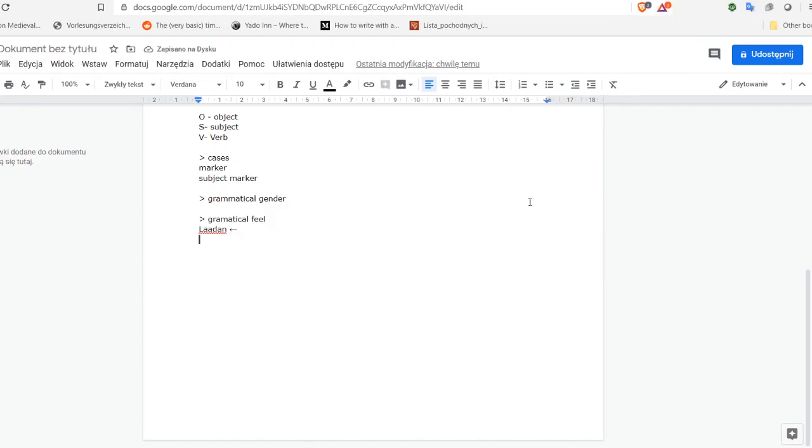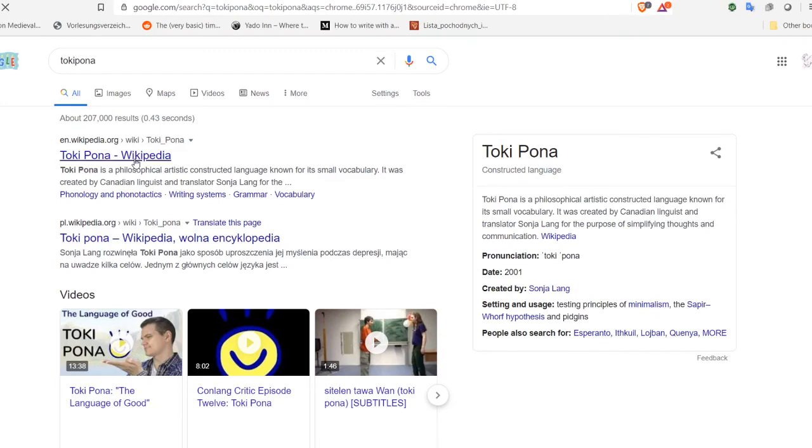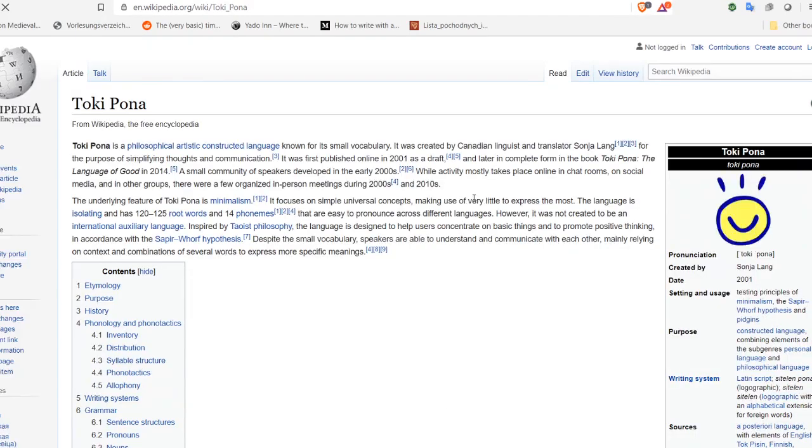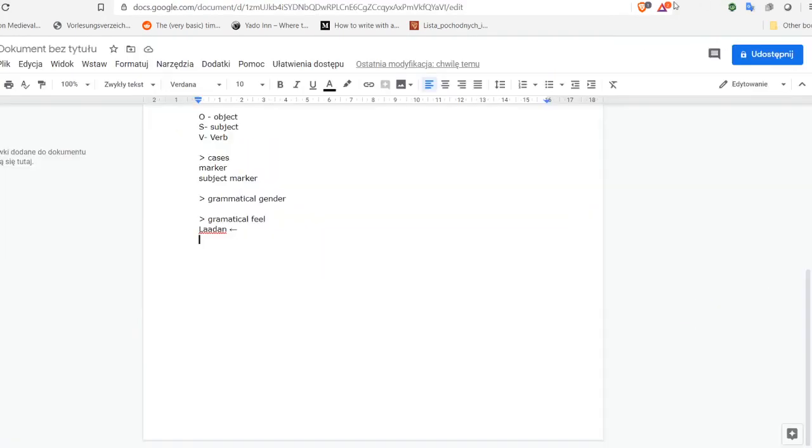Another language which I find interesting is something called Toki Pona. I think it's called like that. Yeah, Toki Pona. It's a language whose purpose is to have as few roots, as few letters, and as little of everything as possible. It's basically as minimalist as possible. It developed some very interesting grammatical quirks to make it work to some extent.